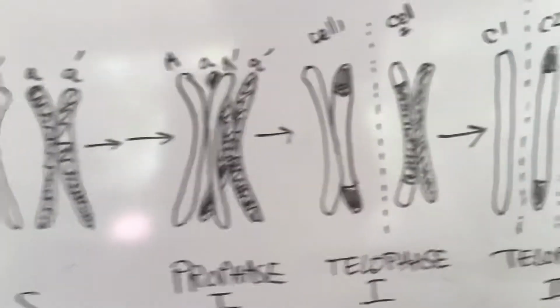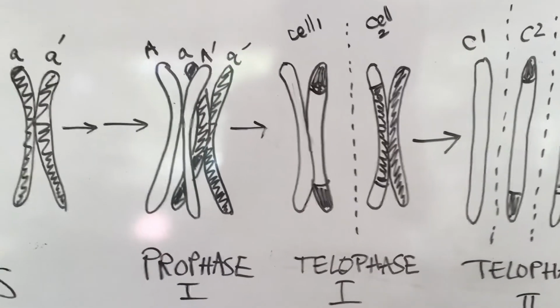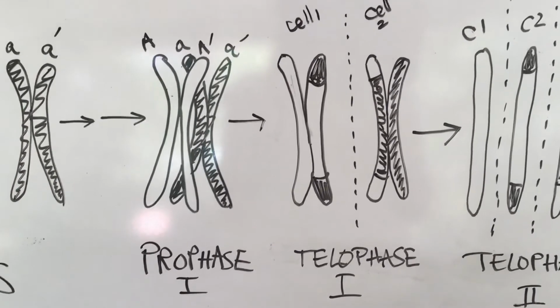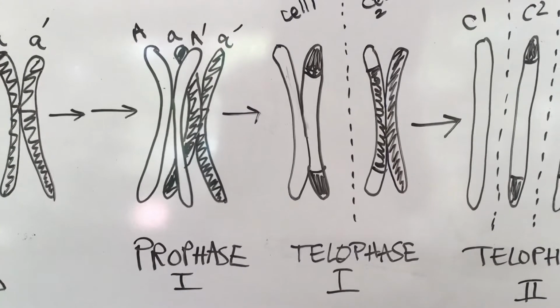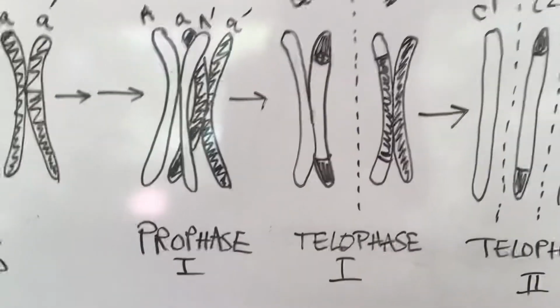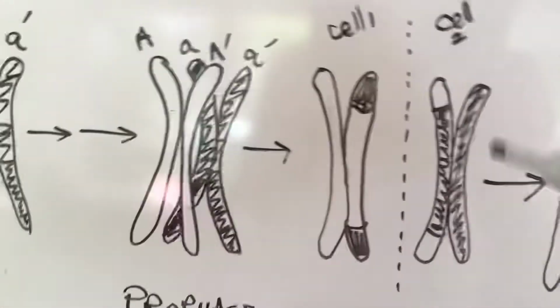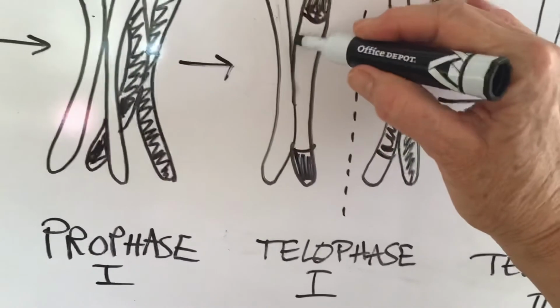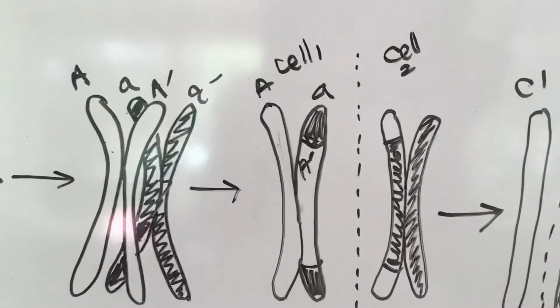Okay, so as they exchange information, the next one here is showing you they would exchange information, and as they got pulled apart in anaphase 1 and ended up in separate cells in telophase 1, they would look like this. In other words, the first one, I forgot to label these. The first one over here is capital A, and this would be capital A prime, and this would be little a right there.